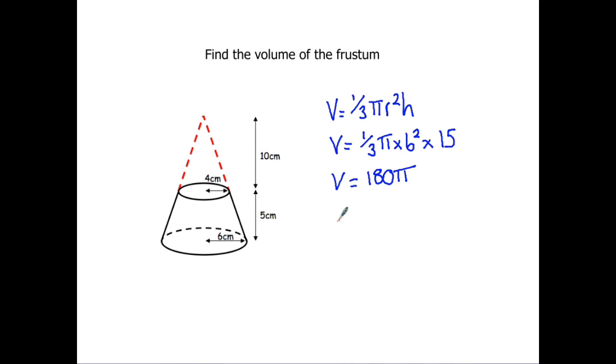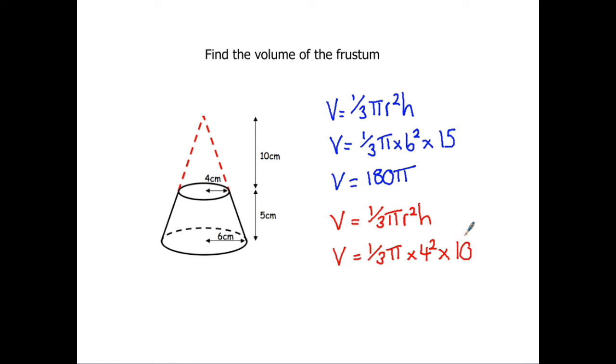So the other bit, the little red bit on the top, again, the same formula, but just slightly different values to be used here. So we'll be using 1/3, and this time we've got the radius of this part, which would have just been 4. And then I'm going to multiply that by the height, and the height of this bit here is just 10.